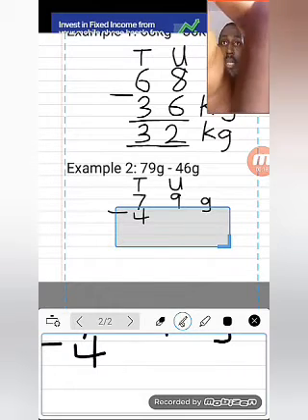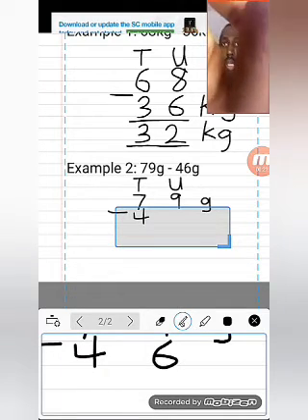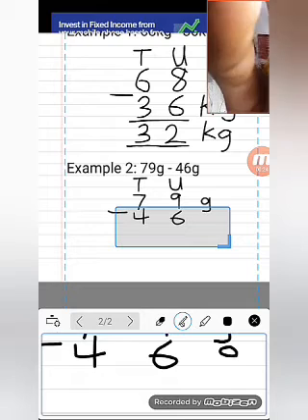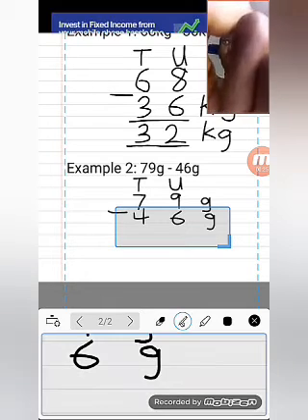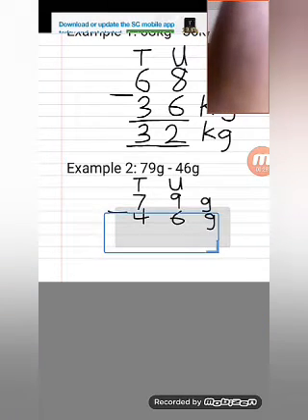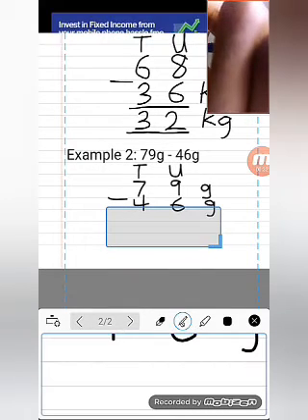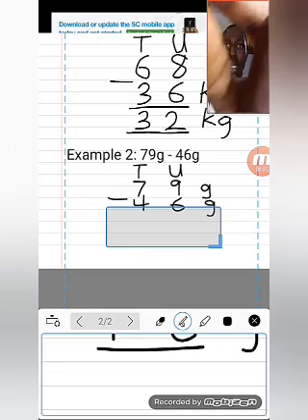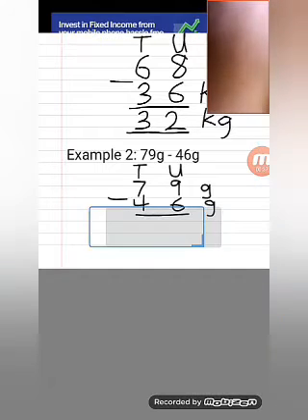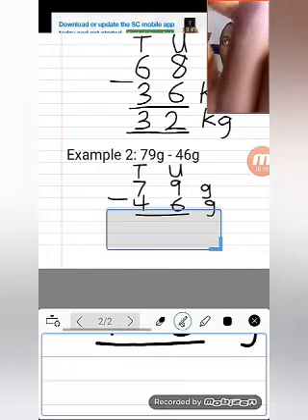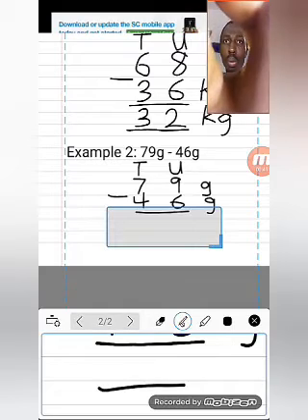Then the 6 should be under the unit. Then let's not forget the unit, grams. So the next thing we do is rule our line where the answer would lie. Then the next one below, we also rule.